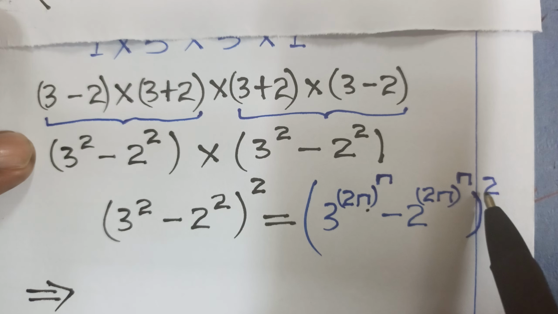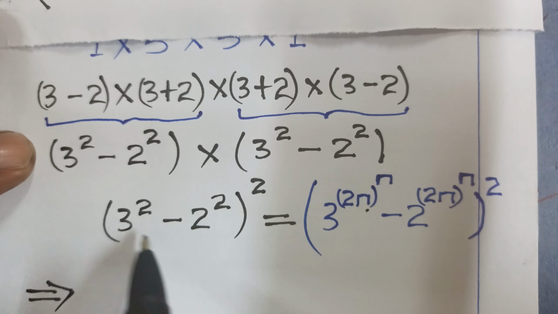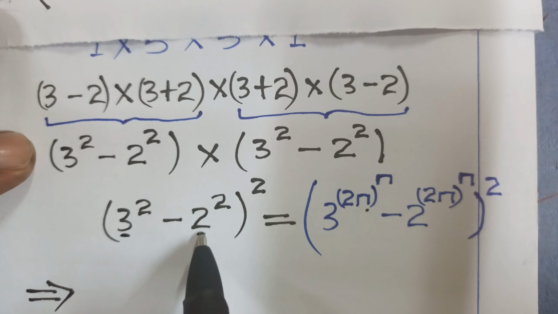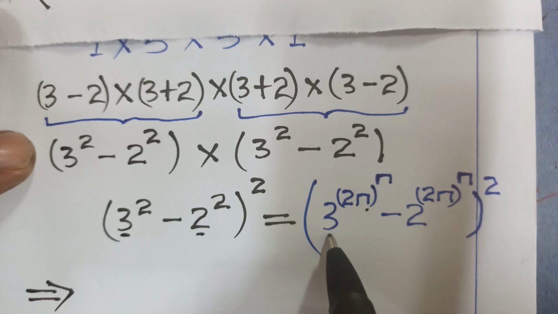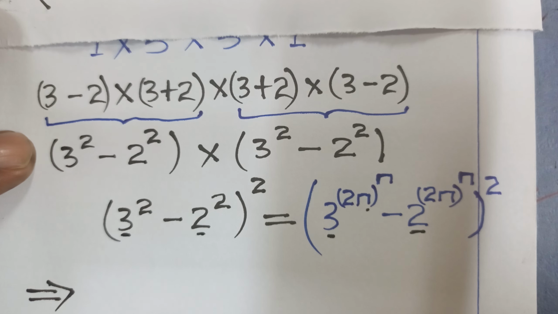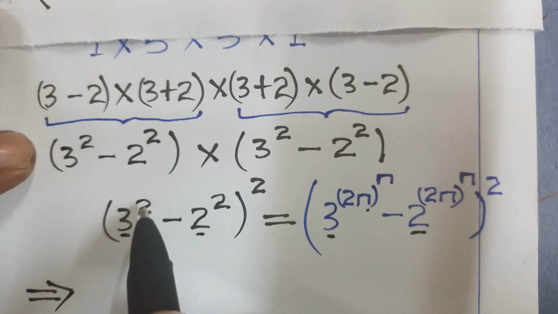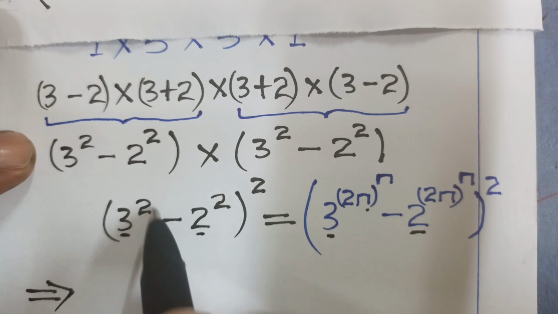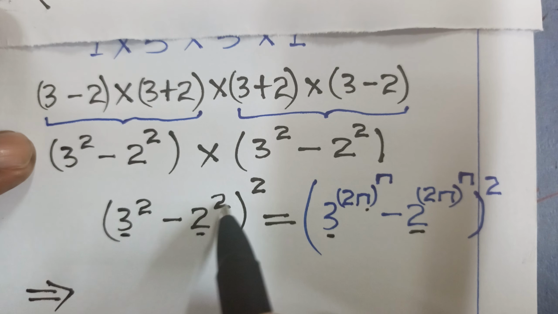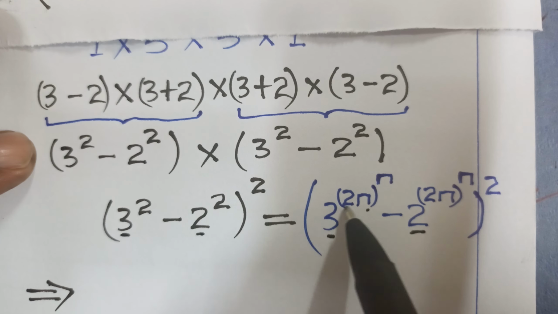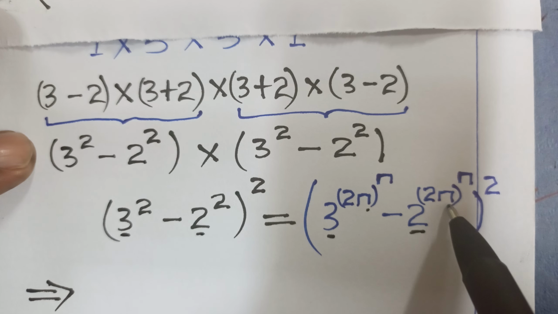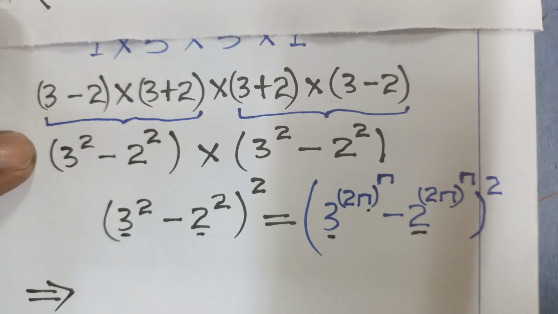Both have this square. We also have this 3 and 2, and the same case here we have 3 and 2. And so it goes without saying that whatever power is raised on 3 and 2, which is also equal on this right side, then it's also supposed to be equal.